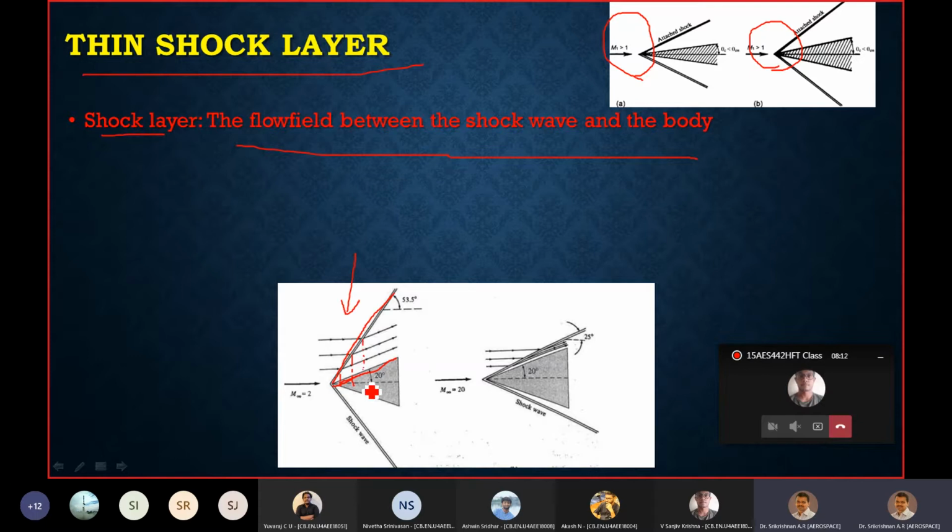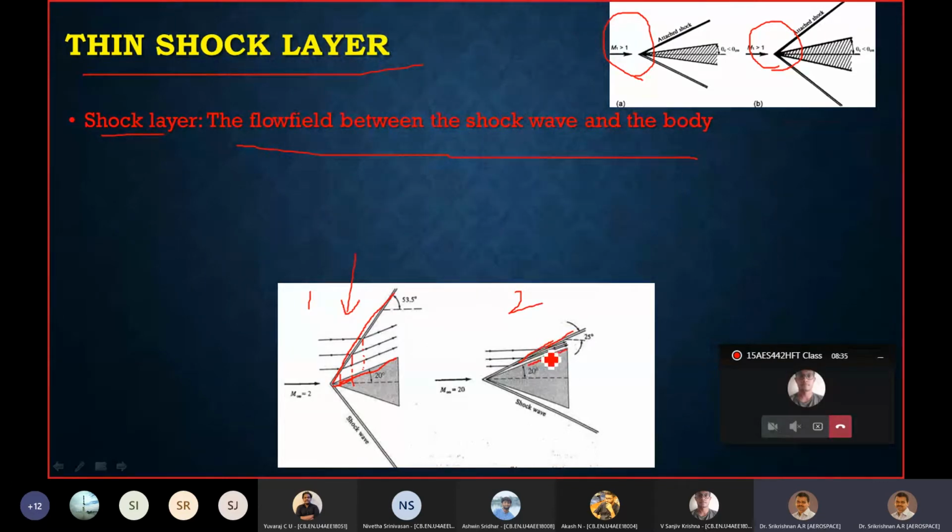So the shock layer is the region between the shock wave and the surface of the body. In the second picture, you can see that this is the shock wave and this is the surface.